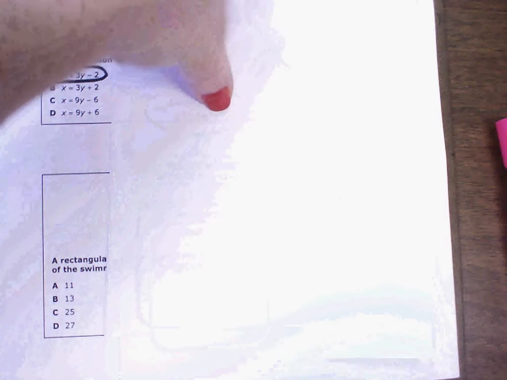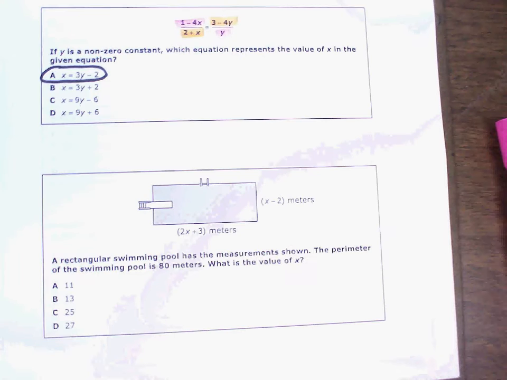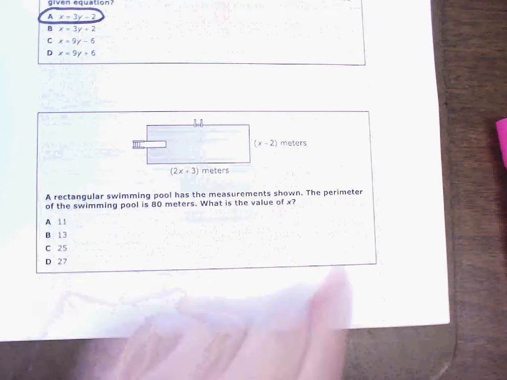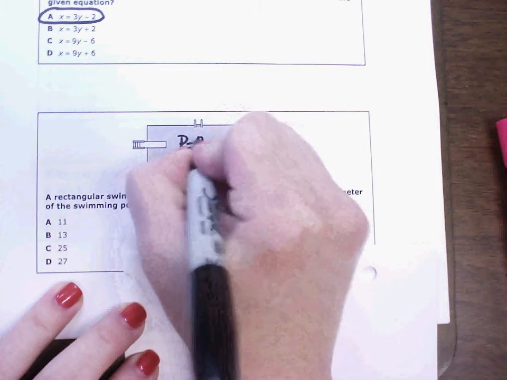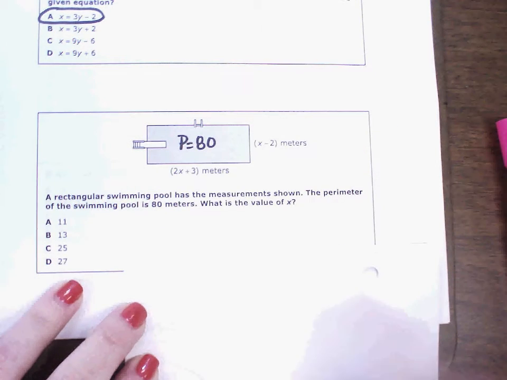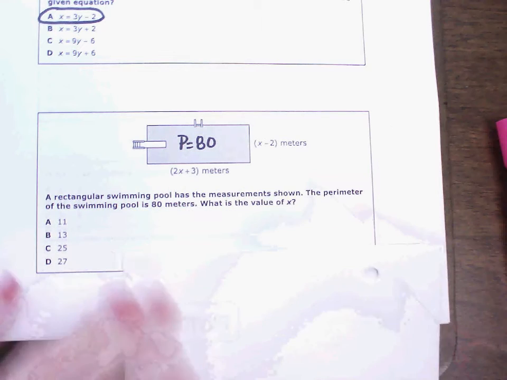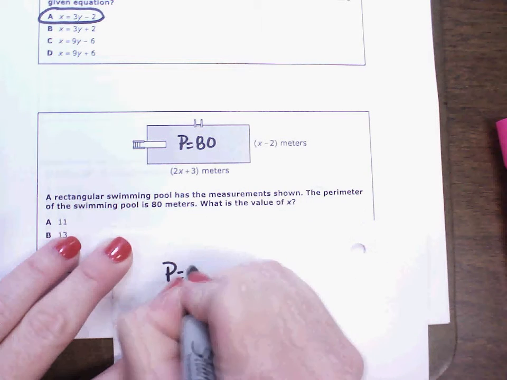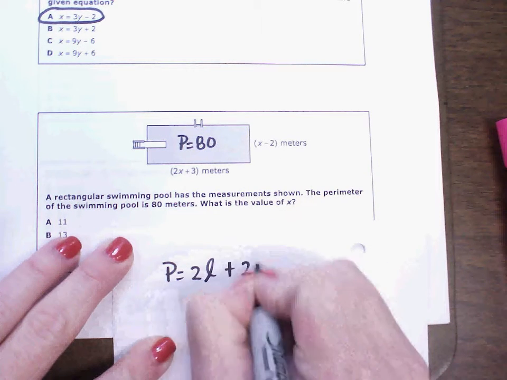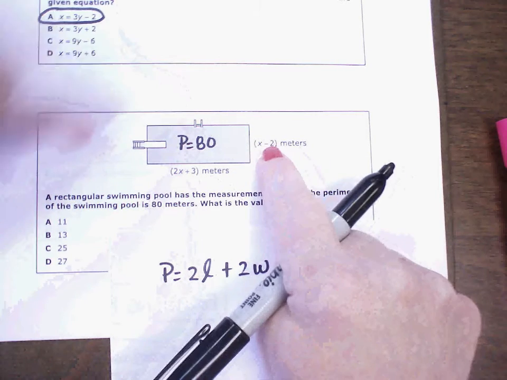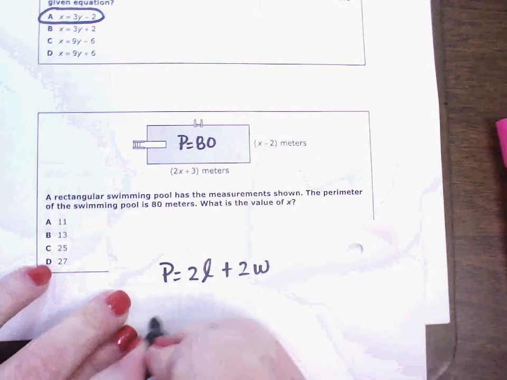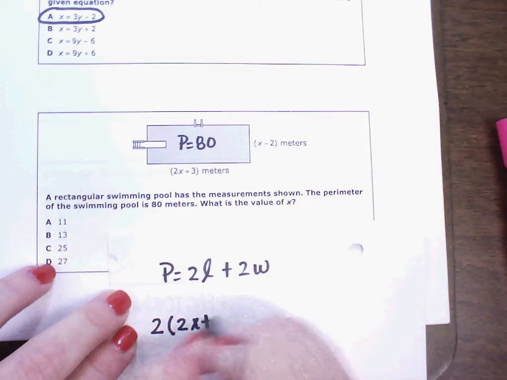Alright, next one. A rectangular swimming pool has the measurements shown. The perimeter of the swimming pool is 80. What is the value of x? So remember, perimeter would be 2 times the length plus 2 times the width, because you have this up here, and this over here too.